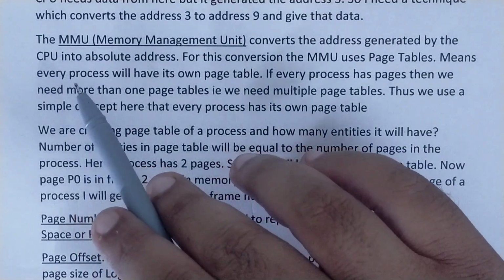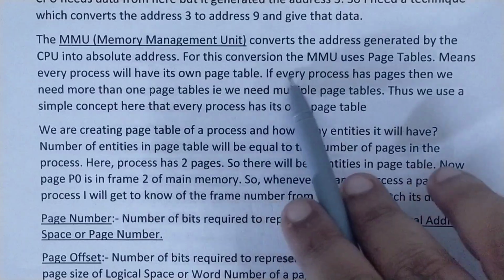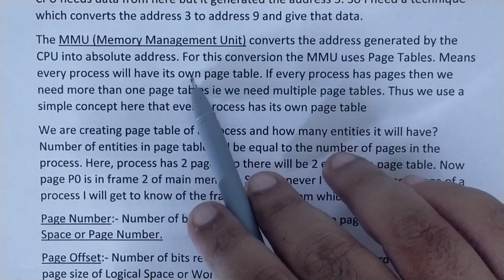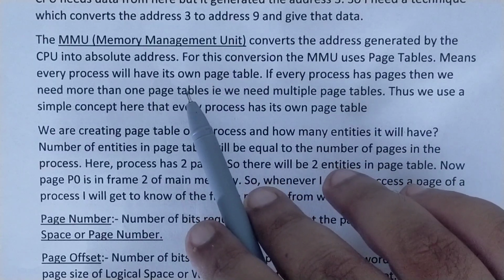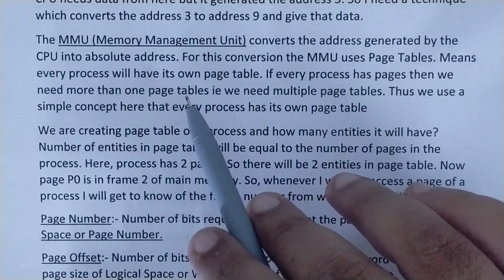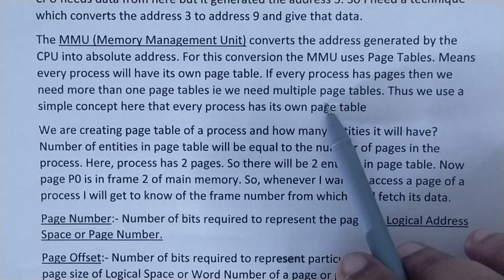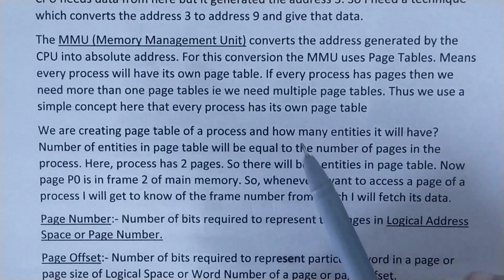Now the MMU, which we also call the memory management unit, converts the address generated by the CPU into an absolute address or physical address. Actually, for this conversion the MMU uses page tables, which means every process has its own page table. Thus we use a simple concept that every process has its own page table.